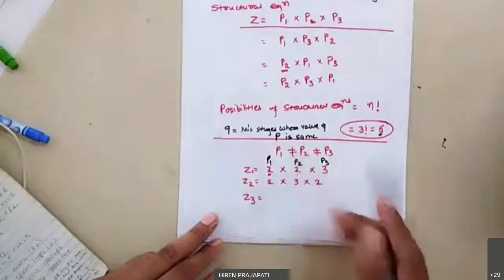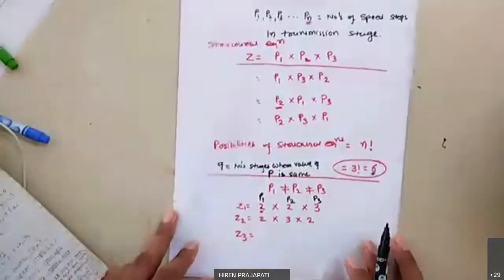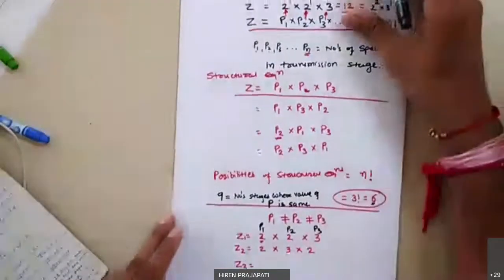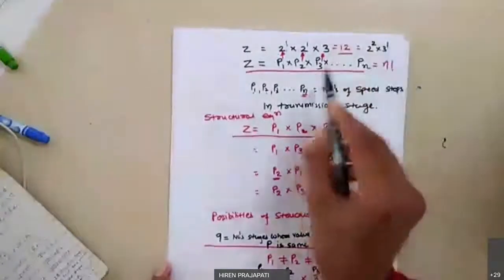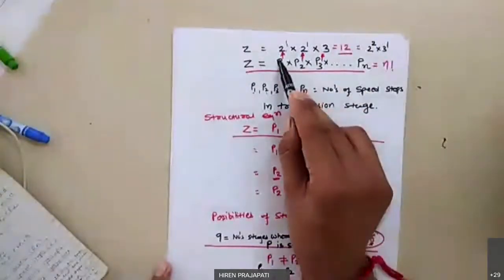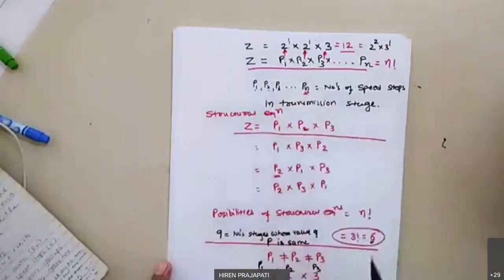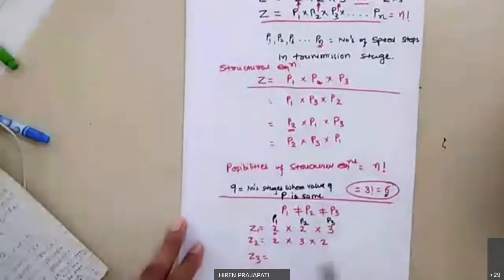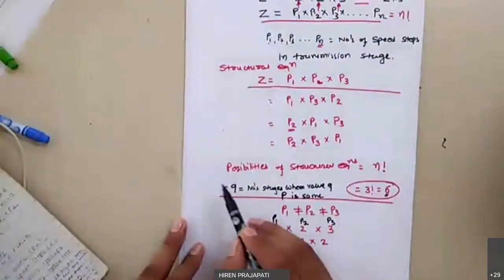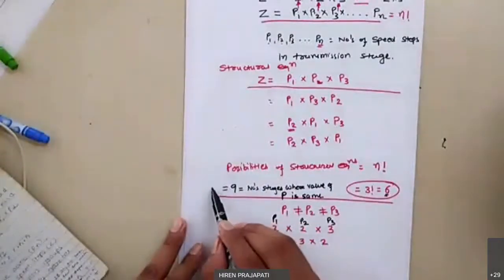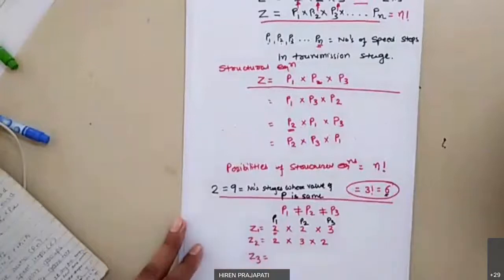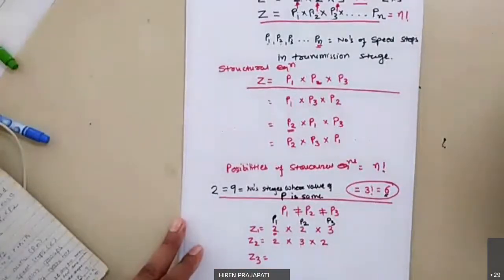So let us consider again these 12 number of speeds. If you look here, in these 12 speeds, P1 and P2 are the same. So the value of Q for 12 speeds will be: P1 and P2 are the same. So in two stages, the number of speeds available is the same.